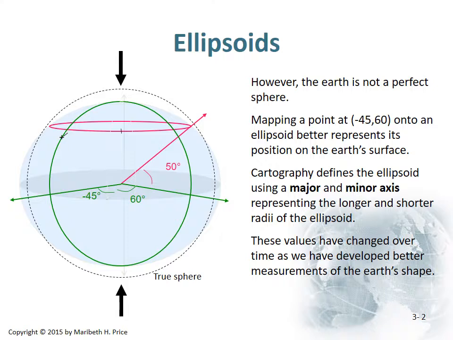So it's something that we call an ellipsoid. Not a true sphere, but it is semi-spherical. And that influences how we have to worry about transforming the 3D surface into a two-dimensional surface.